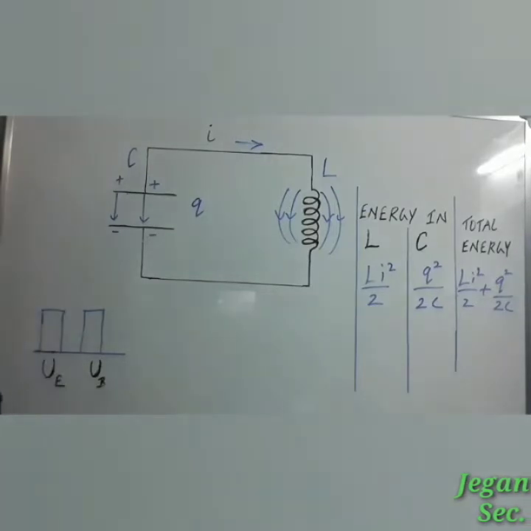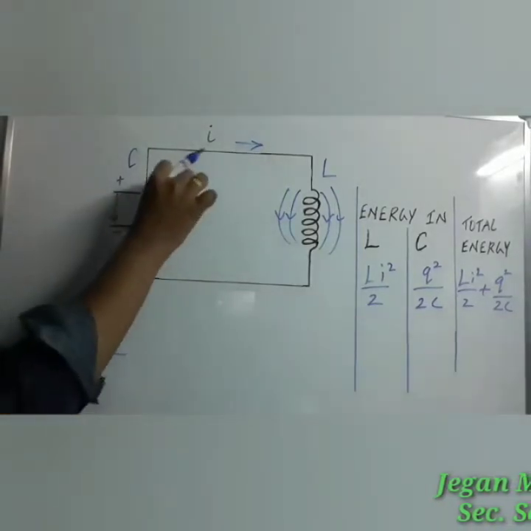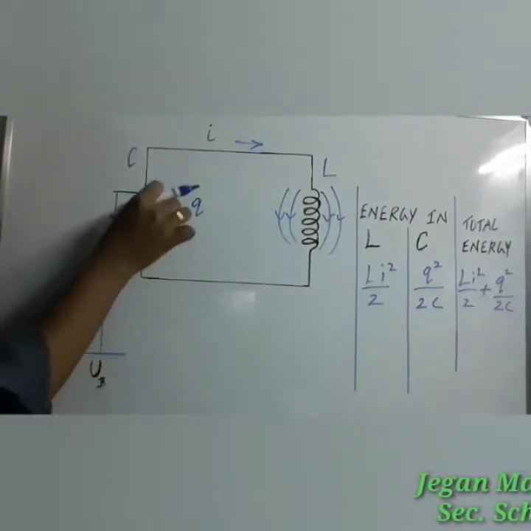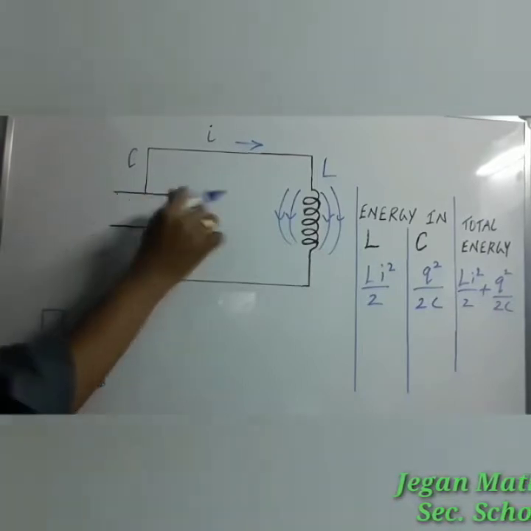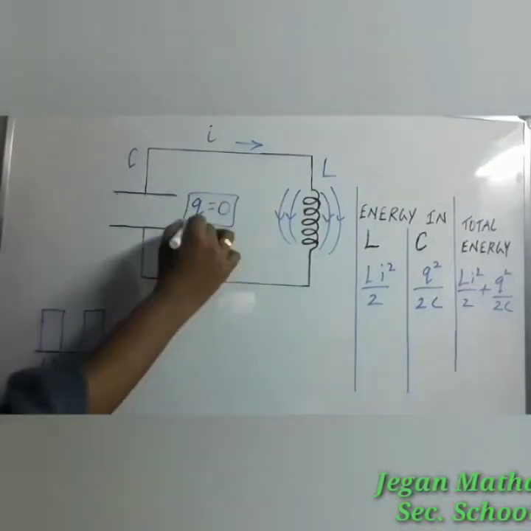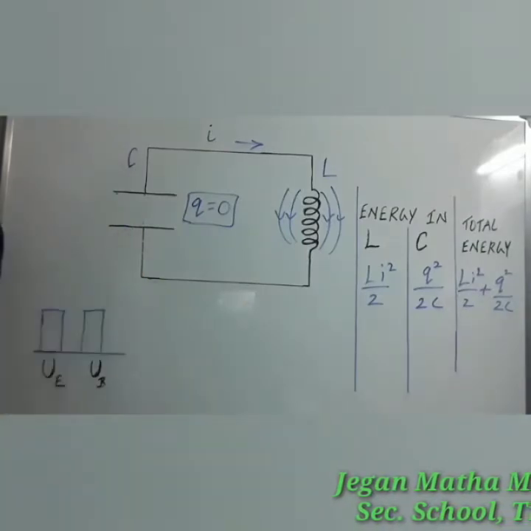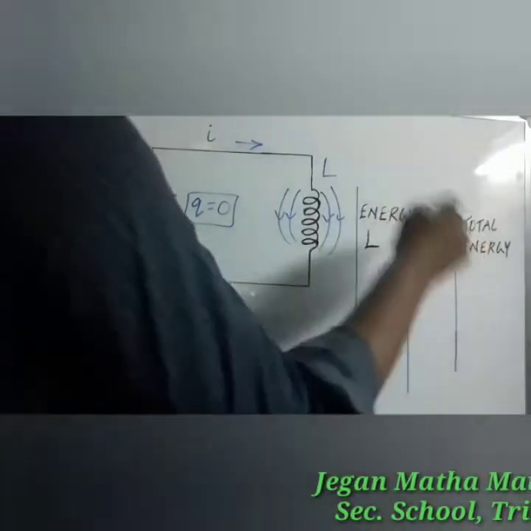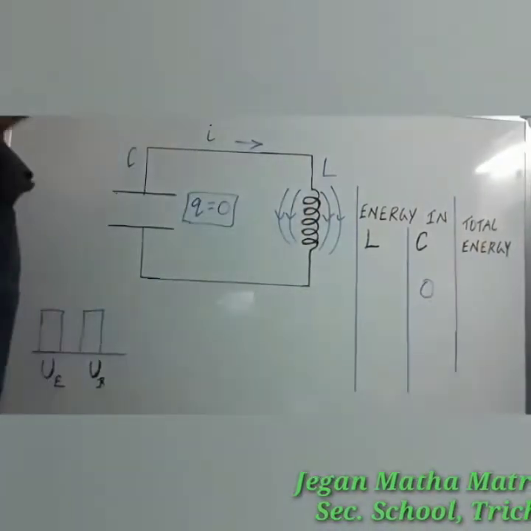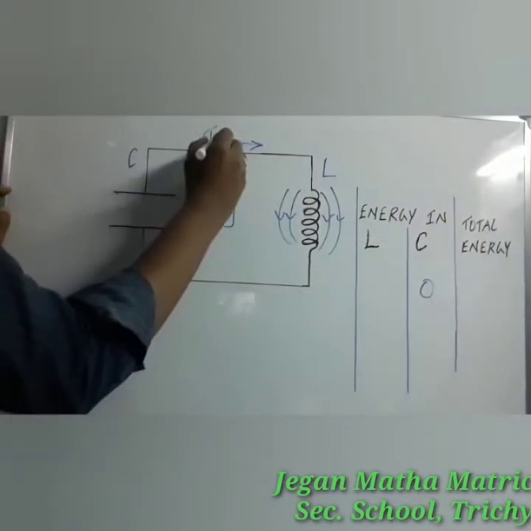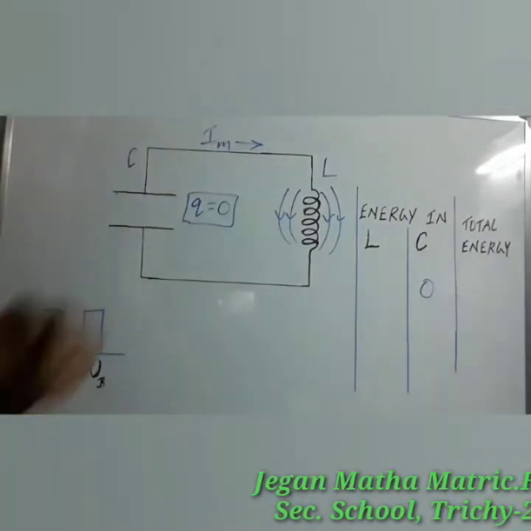When the charges in the capacitor are over, there are no more charges in the capacitor and there will be no electric field. Now the charge level is 0, so its energy becomes 0. In this case, maximum current is passing through the circuit.